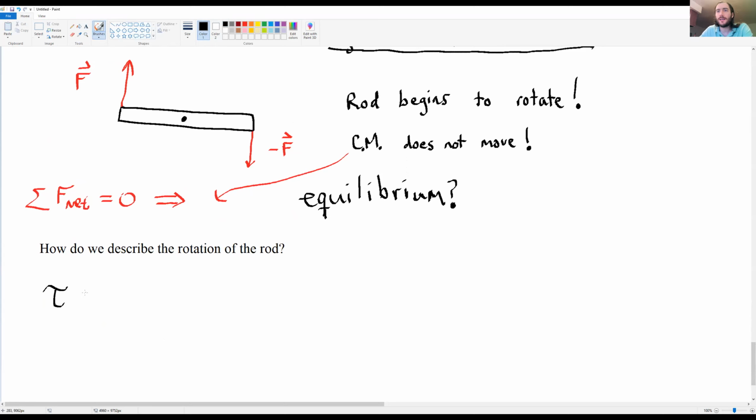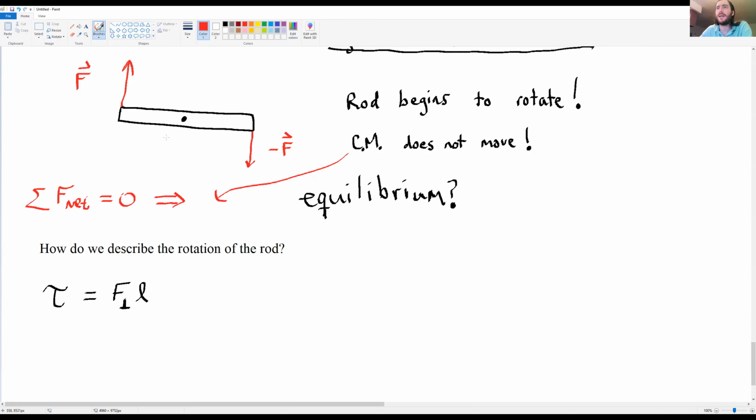And a torque is a force times a lever arm. I'm going to write it as force times lever arm, F times L. However, it is very important that the force is perpendicular to the lever arm. Otherwise, there would be no rotation for that object.